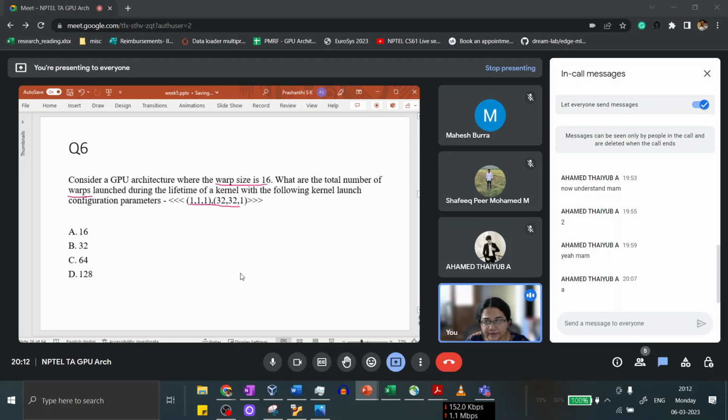Now is it easier to solve? Okay, B, 32. Okay.